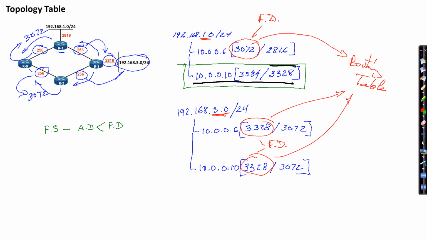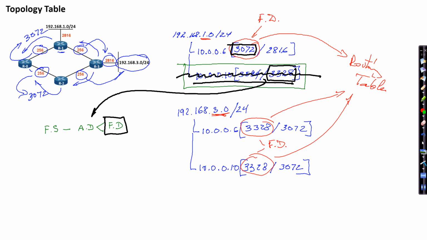The advertised distance of this path, which is this number here, must be less than the feasible distance, which is this number. In our example here, it is not. Afraid that this path can cause a loop in the remote network, EIGRP will completely remove this path from its topology table. Therefore, this path is not qualified as a feasible successor or a backup path for this network.